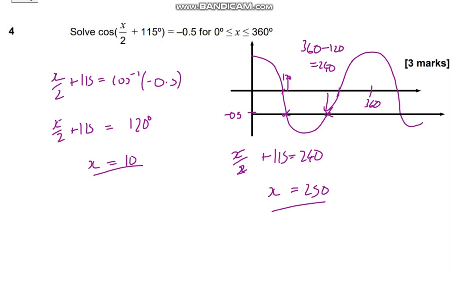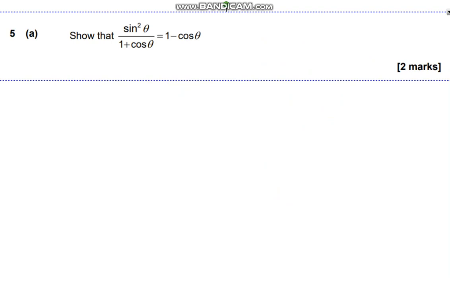Okay, right, moving on to question 5. For this one, again it's very similar to what we had in the first question. So we're going to take this and change the sine squared into 1 minus cos squared, just going from the left hand side again.